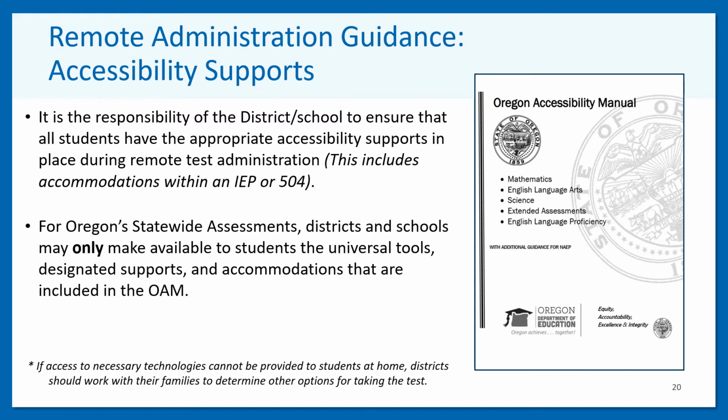Just as with in-person testing, the Oregon Accessibility Manual, or OAM, applies to remote testing. For Oregon statewide assessments, districts and schools may only make available to students the universal tools, designated supports, and accommodations that are included in the OAM.